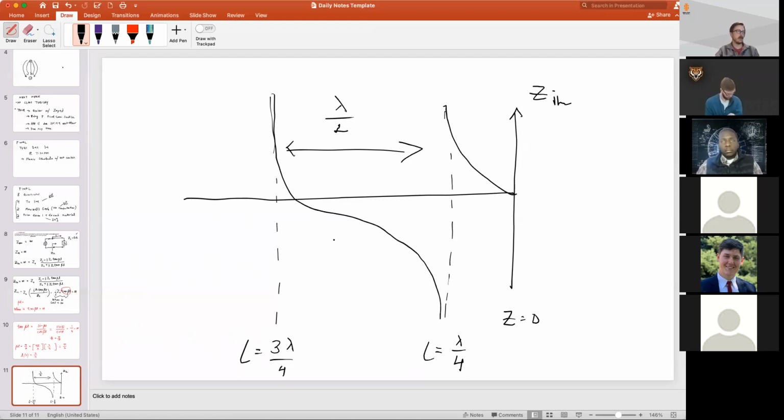So even if you have short-circuited loads, they can appear as infinite at certain wavelengths of the line, and vice versa. If you have an open-circuited load, it can appear as a short-circuited load for certain wavelengths.